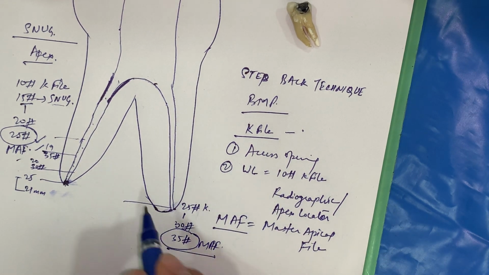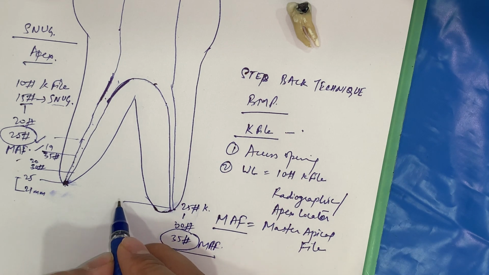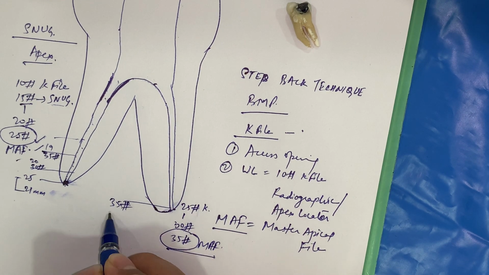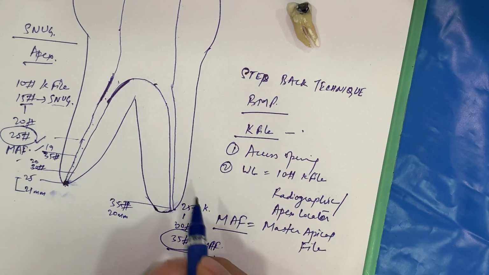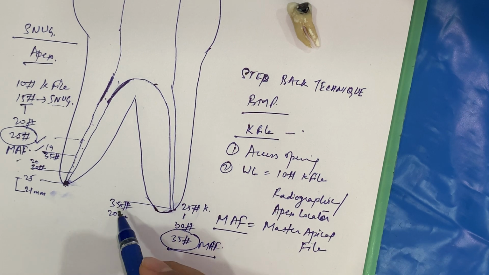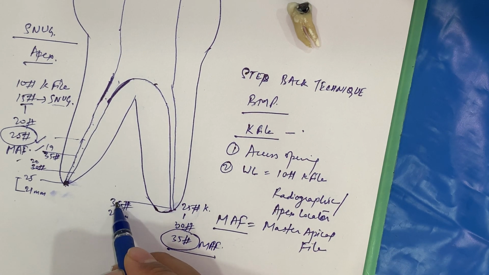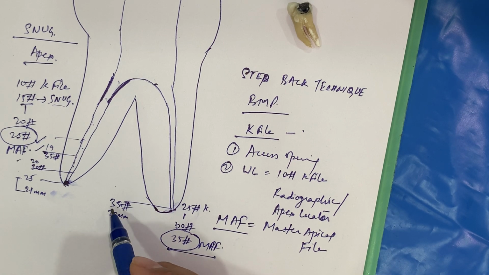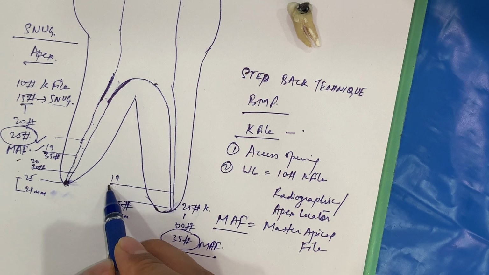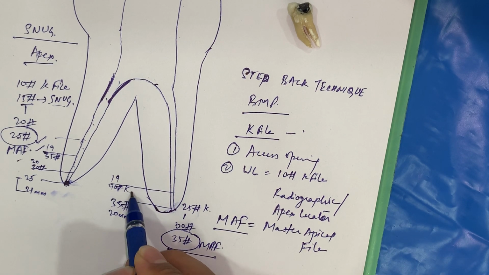Suppose our working length is 20 millimeters. We will be enlarging the apex till 35 K file at 20 mm, that is our working length. Now we will keep on reducing the working length by 1 millimeter, and the diameter of the file will keep on increasing. At 19 mm we should have 40 K file.